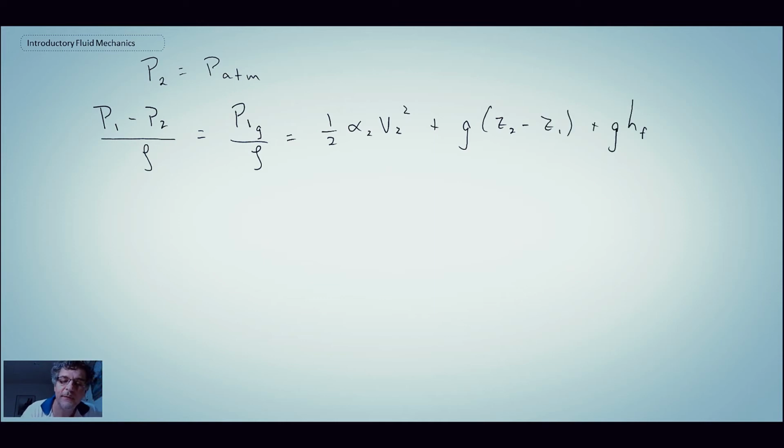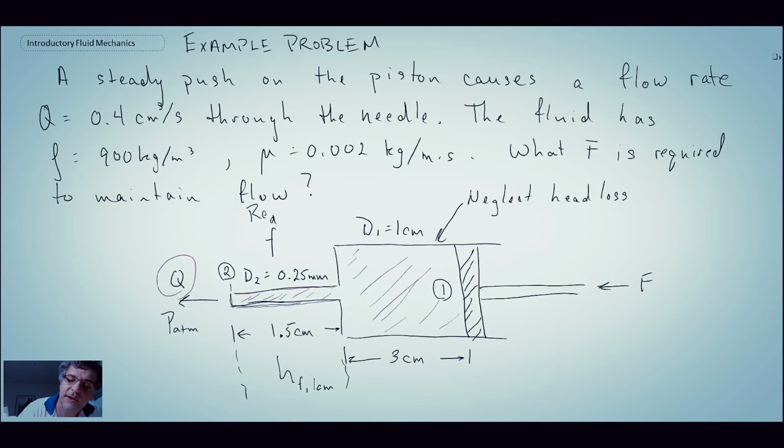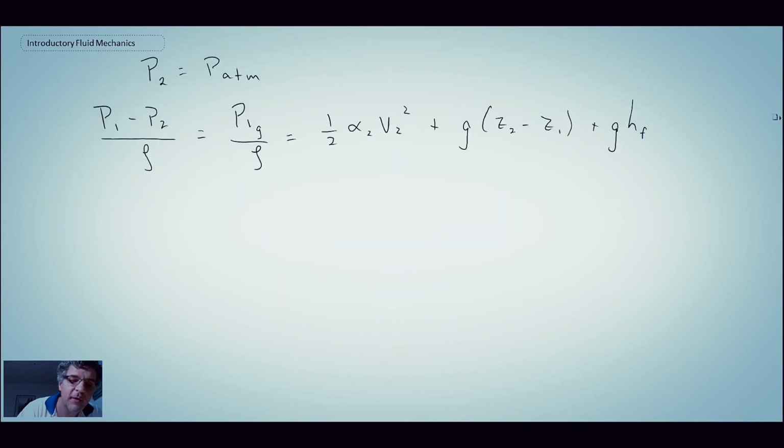Now we say nothing in the problem statement about the orientation of our needle or our syringe, and so we're going to assume that it is horizontal, and consequently the elevation Z1 will equal Z2, and with that this term disappears as well. Quite quickly it's starting to simplify.